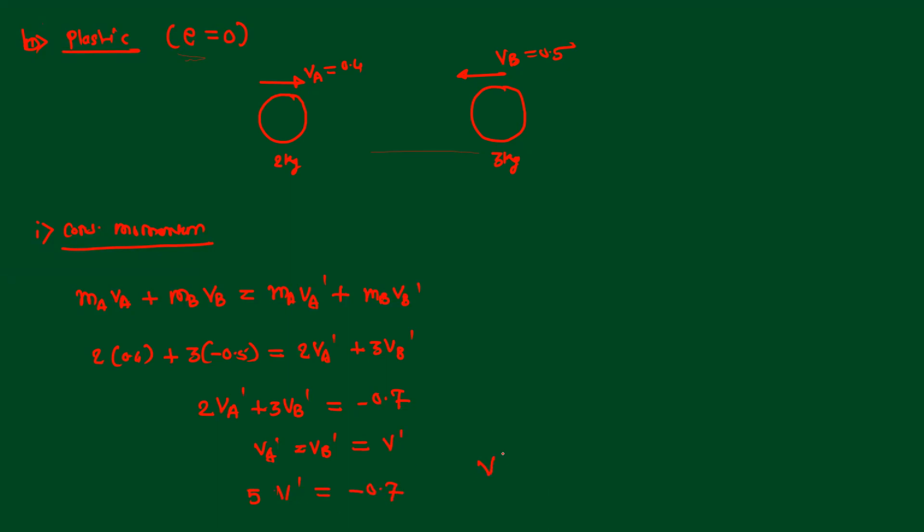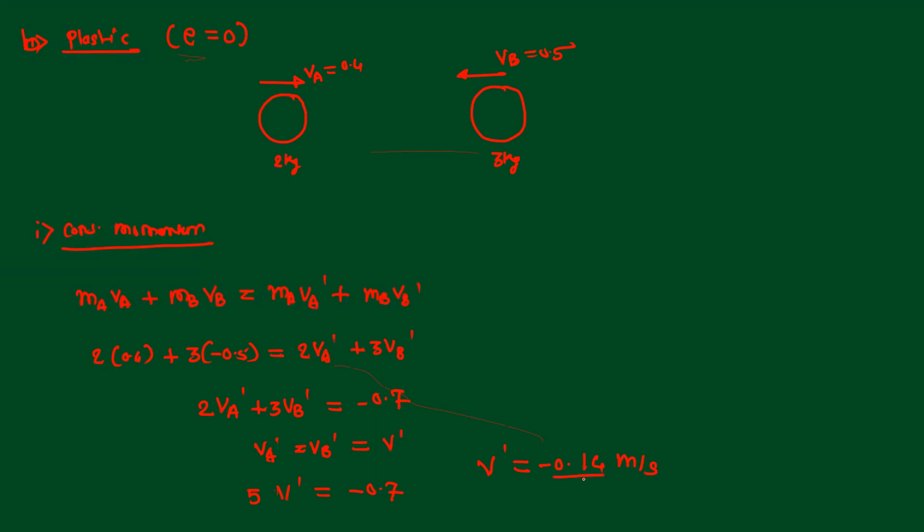And from this we get V dash is equal to minus 0.14 meter per second.